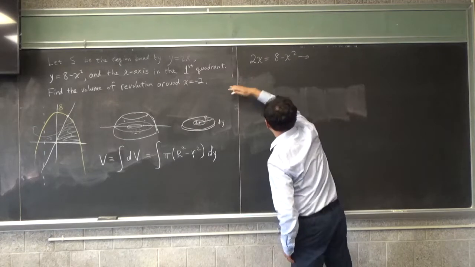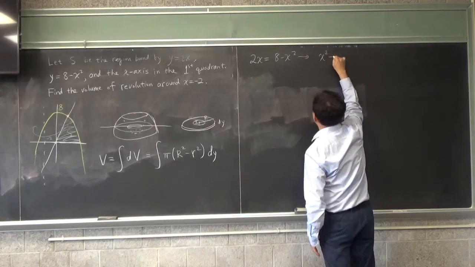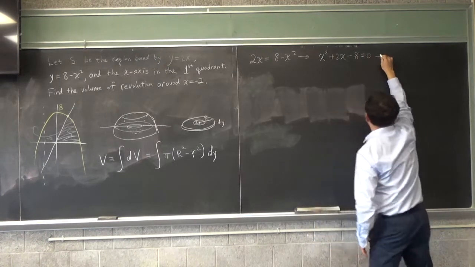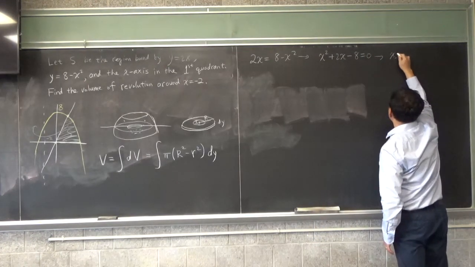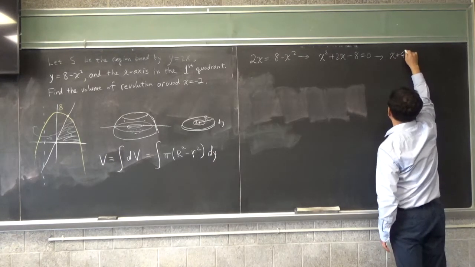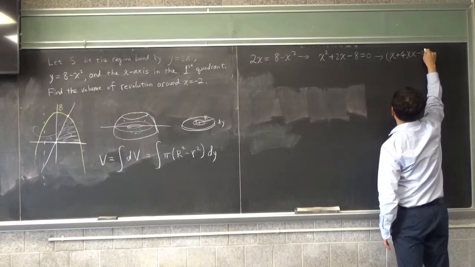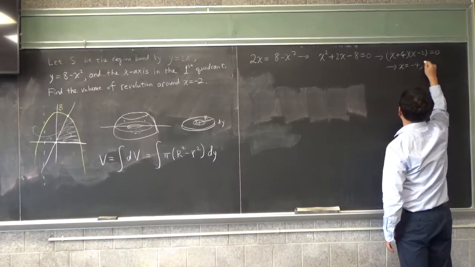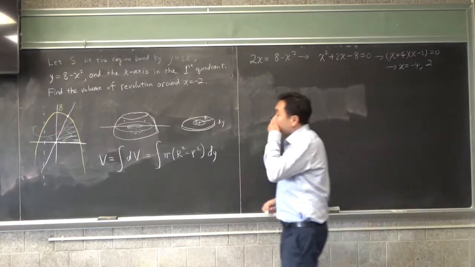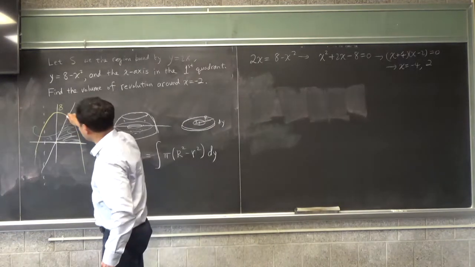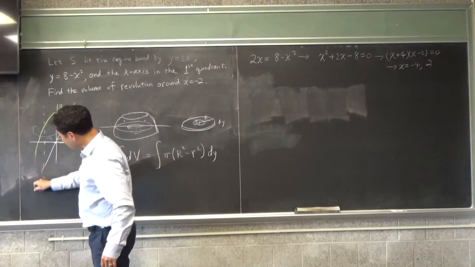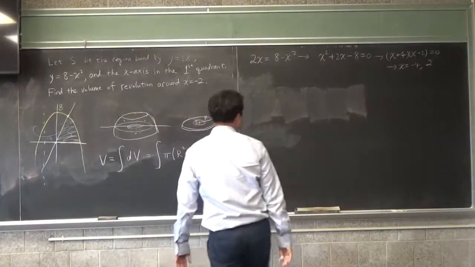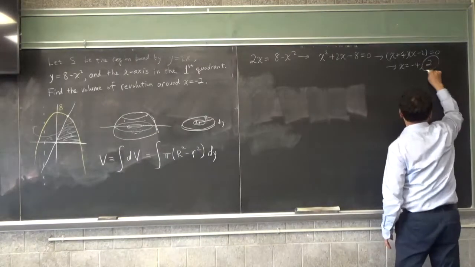Moving everything to the left side, it becomes x squared plus 2x minus 8 equals 0, which factors as (x plus 4)(x minus 2) equals 0, so x equals negative 4 and 2. But the point of intersection that we are interested in is in the first quadrant. They do meet in the third quadrant, but that's not our concern. We are only working in the first quadrant, so we're looking at x equals 2.